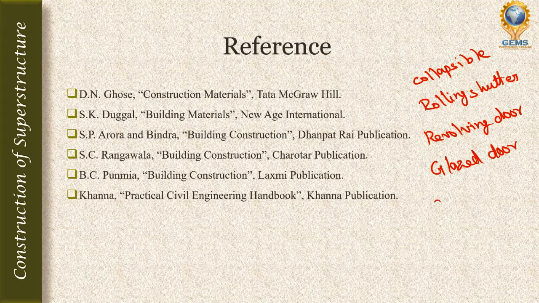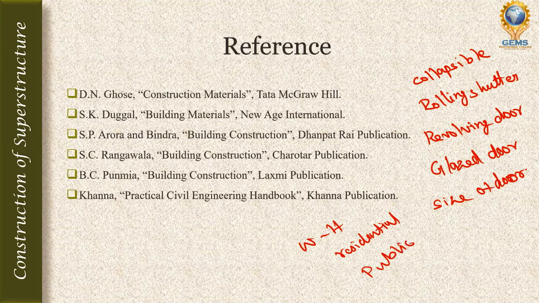Then we saw the size of the door. So how we have to fix the size of the door? What is the width to height ratio, and what is the size of the door for the residential purpose? For a public purpose, what is the size of the door? So these are the topics we covered in this video.